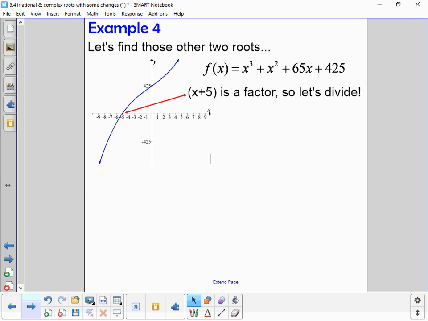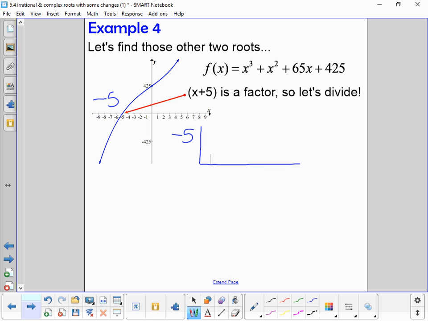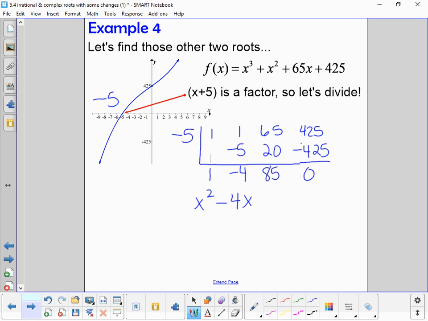So we're going to use this root that we know, -5, and we're going to divide that factor of x plus 5 out. And if we do our synthetic division, multiply it, add it up, multiply it, add it up, multiply it, add it up, when we finish dividing, we have an x squared minus 4x plus 85.